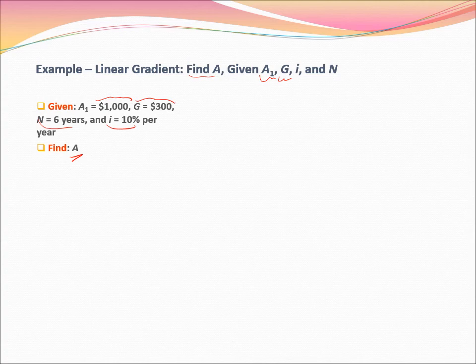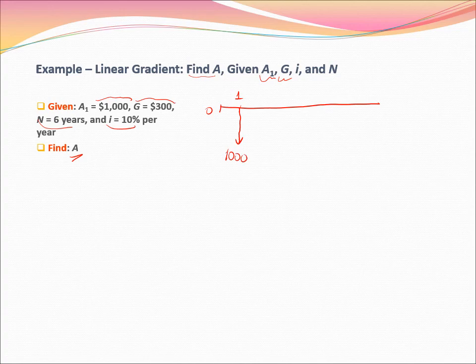Okay, so the first thing is to sketch the cash flow diagram. At the end of the first year, I am paying. Since I am paying, I will sketch this as a downward arrow, as a cash outflow, and I am paying $1,000.